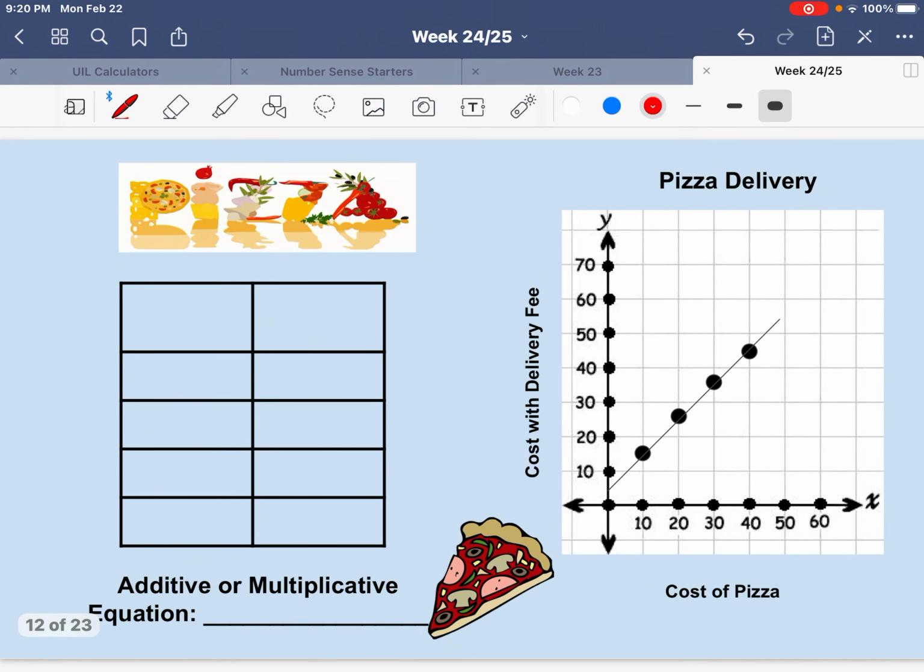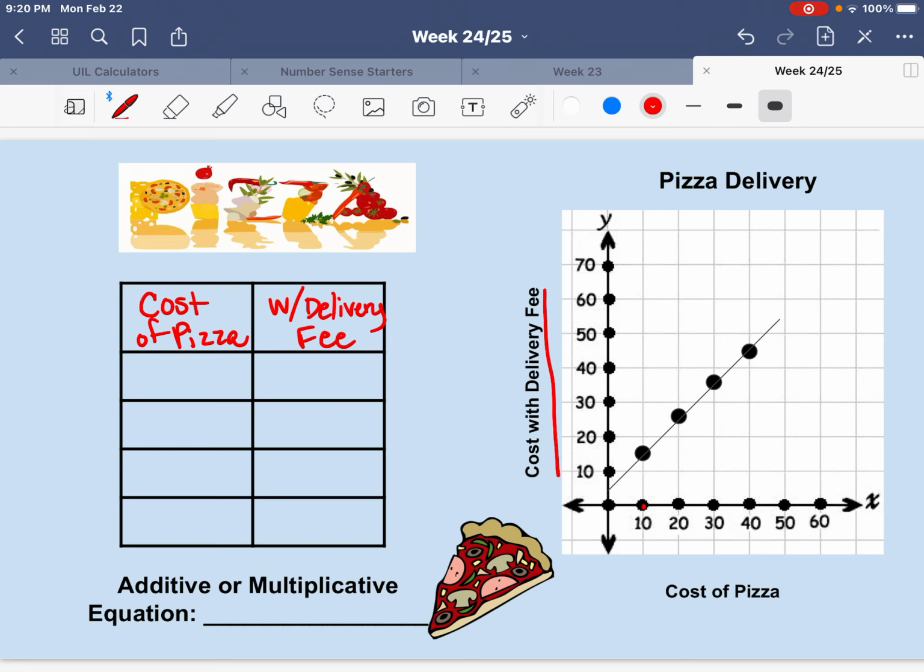So to make a table, we're going to call our x values, the beginning of our table, cost of pizza. And then we'll call our second half of our table, the dependent part, with delivery fee. And we'll just put those points that are on the graph.